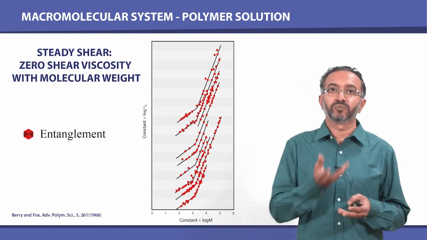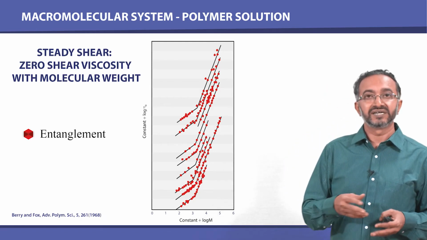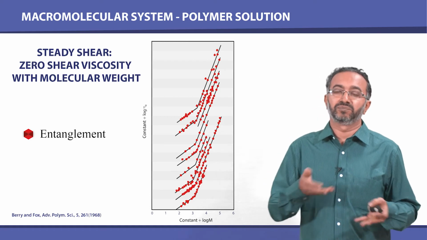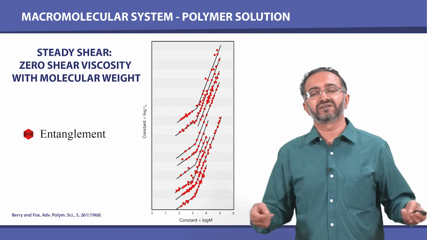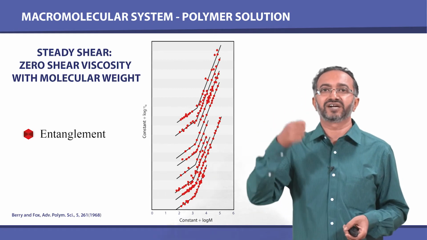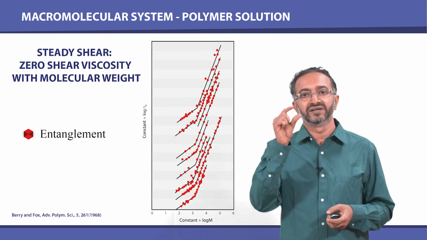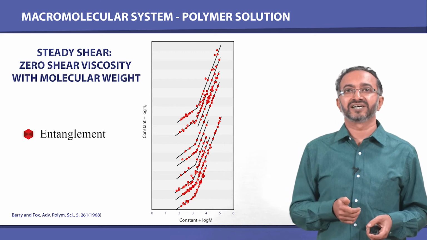So, if we have low molecular weight polymers, then entanglement is less likely, and this is quite evident when we eat soup in a bowl of noodles. If the noodles are very long, then it is very difficult to extricate one noodle out, and therefore entanglements are very strong. But if we chop the noodles and have them very short, then of course the question of entanglement does not arise.